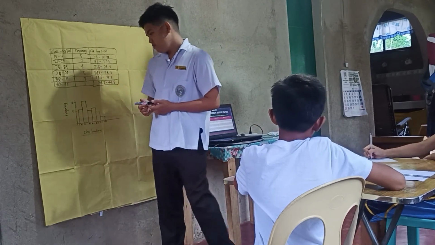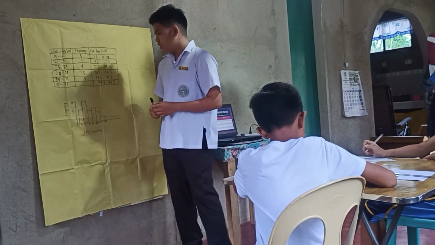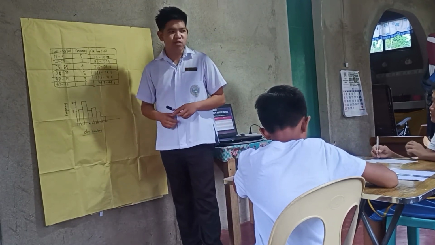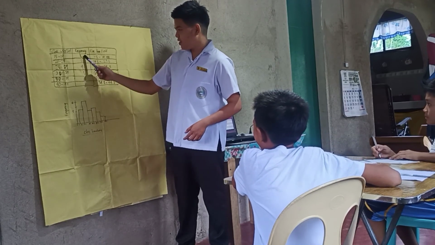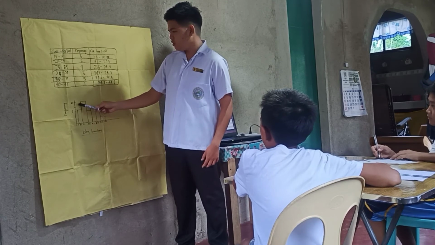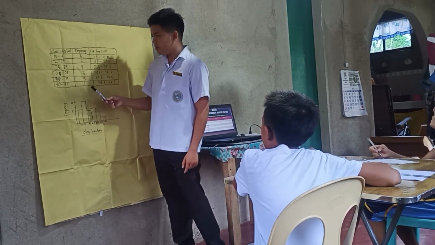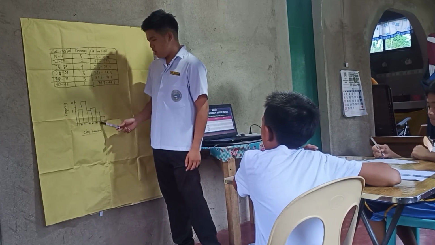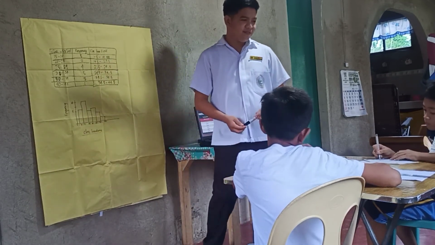Okay, correct. In the histogram, the frequencies are 5, then 7, then 10, 4, below 5, 3, 2, 1. Okay, correct. Now check Kim.